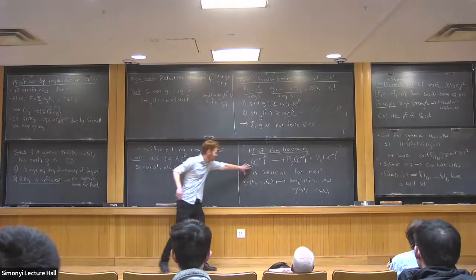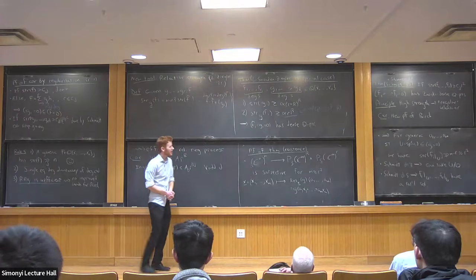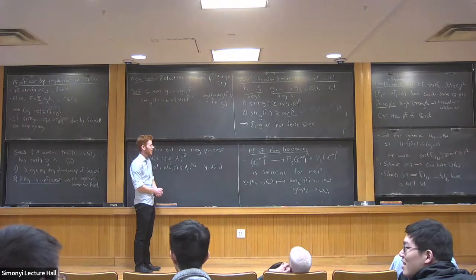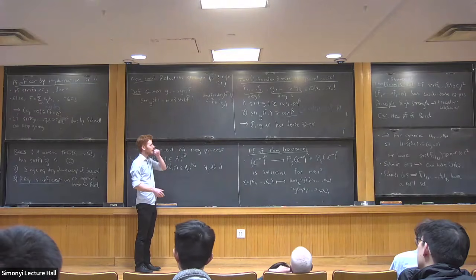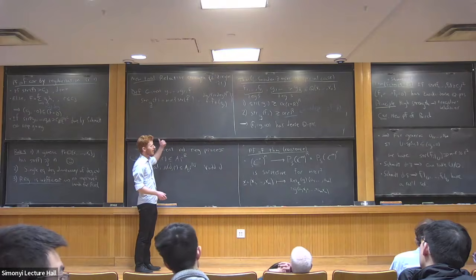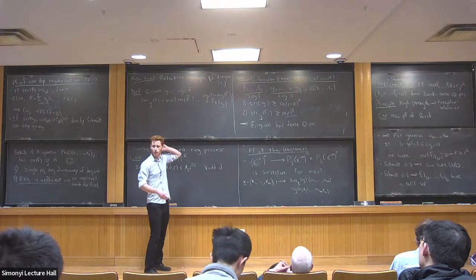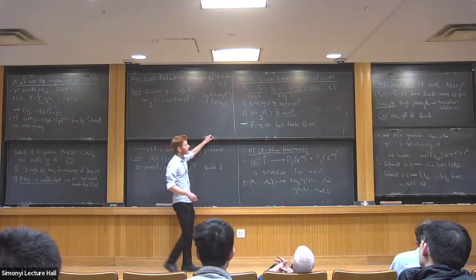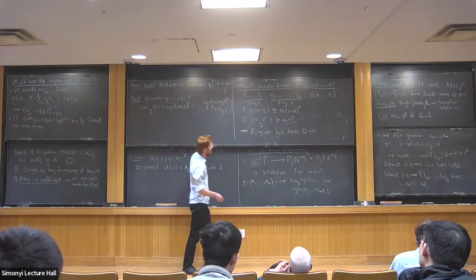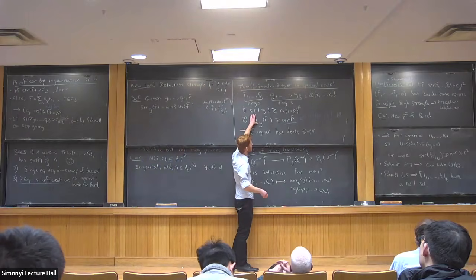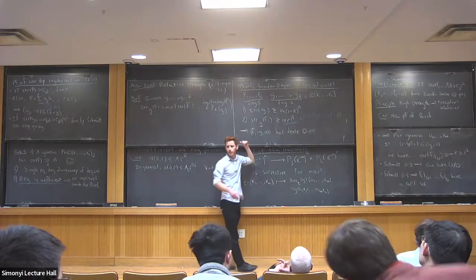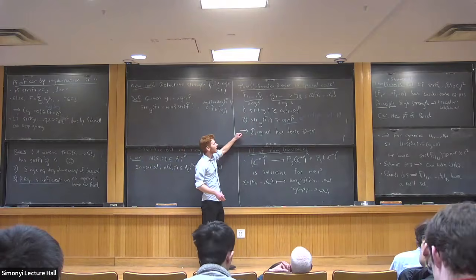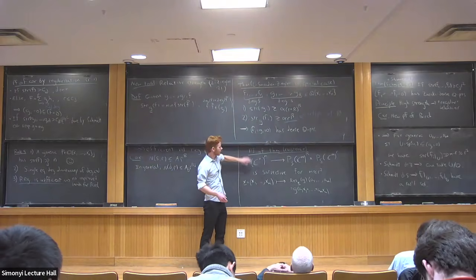Okay, so I break it up into two parts. One is something that we showed in a 2021 paper, which is that if you make this hypothesis, but where the strength is defined over C, then this holds.